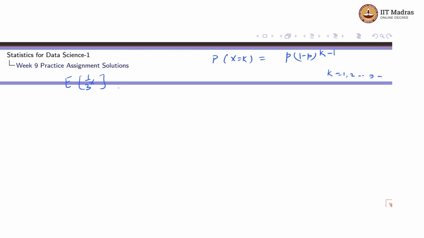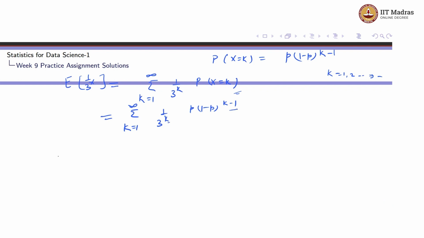Using the standard definition of expectation, we can write this as the summation, where it takes non-zero values, of 1 upon 3 to the power k times p(x = k), from k equals 1 to infinity. So we can write this as the sum of 1 upon 3^k times p(1 - p)^(k-1).